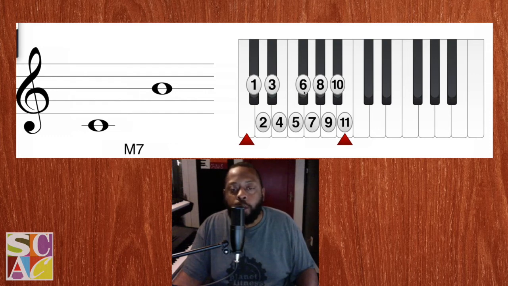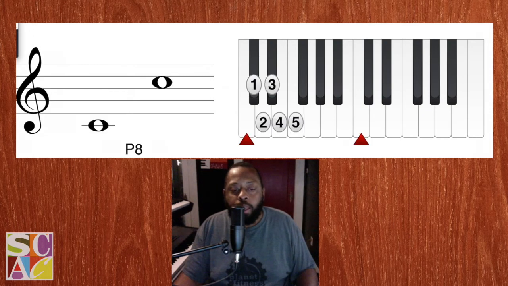F to F sharp is 6. F sharp to G is 7. G to G sharp is 8. G sharp to A is 9. A to A sharp is 10. And from A sharp to B is 11. Thus making from C to B a major seventh.